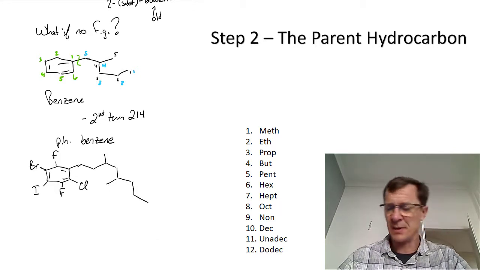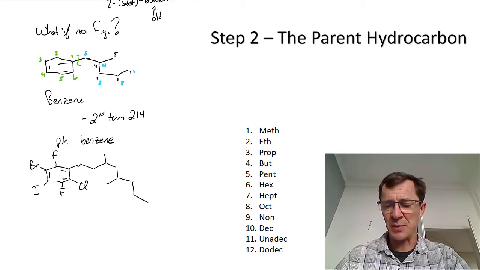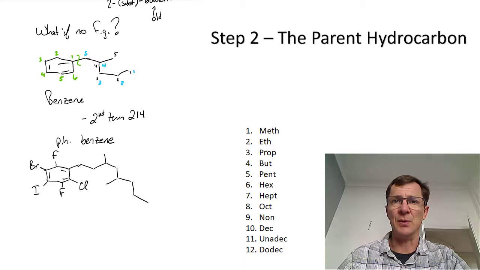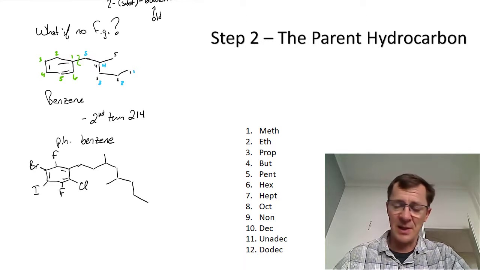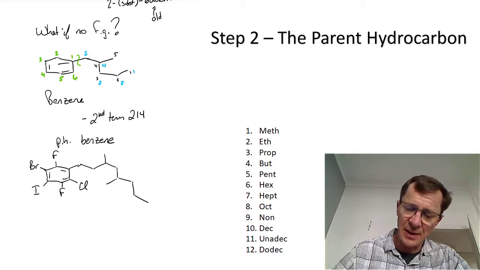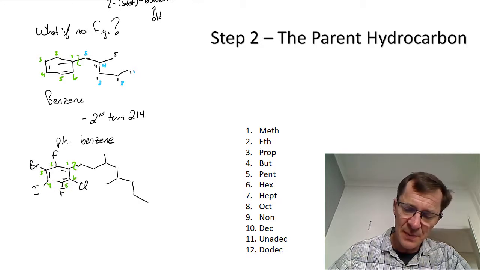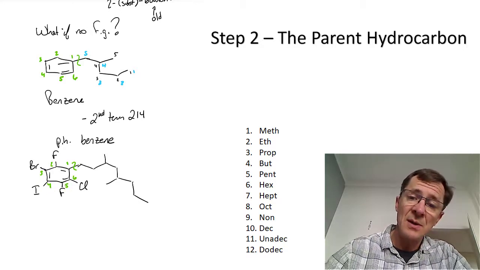Okay, here we have a typical first year nomenclature problem where they are trying to trick you. Let's keep in mind we have our potential for discontinuity here. This guy has, as benzene always does, 6 carbons in it.